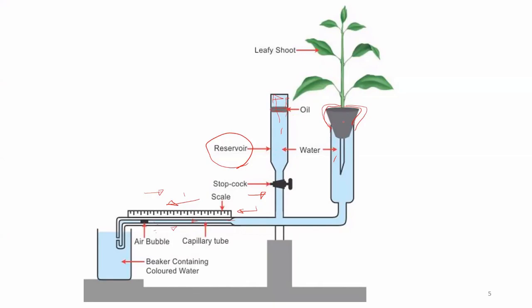Okay. So then we get the shoot. The shoot should be in a fresh form. If the shoot has lost its vigor or freshness, that also affects this experiment, because a fresh shoot has alive cells, and here there is no root system, only the shoot.